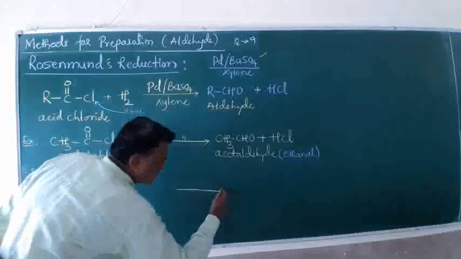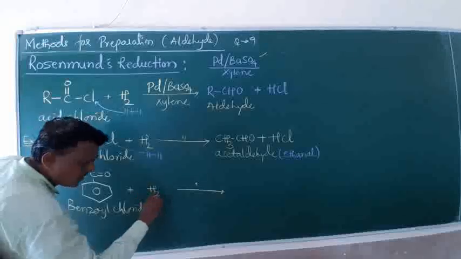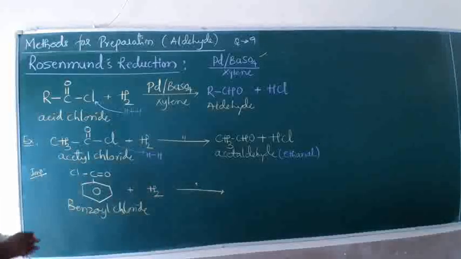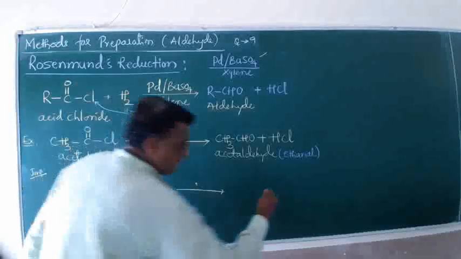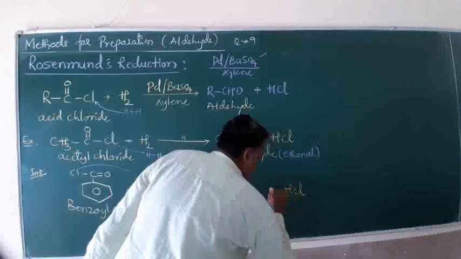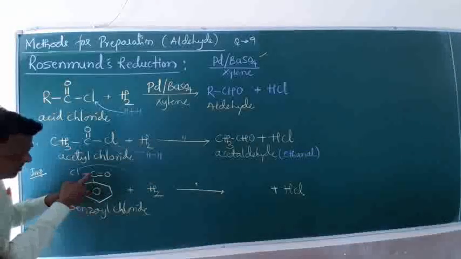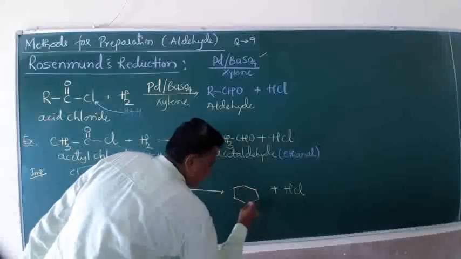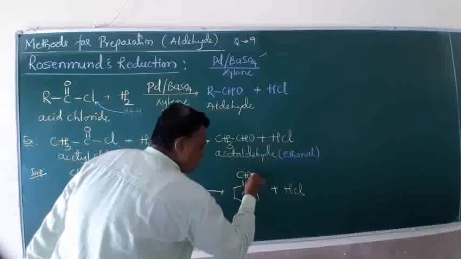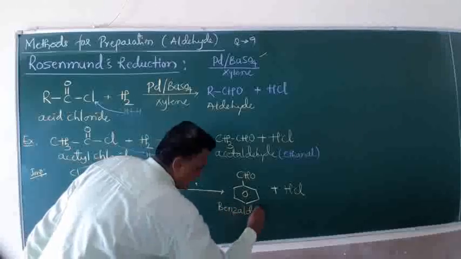Benzoyl chloride undergoes the same reduction reaction with Rosenmund. They generate hydrogen, and this Cl is combined with H to form the product HCl. What remains? C6H5, benzene, and this is CO and 1 H. The name of this compound is benzaldehyde.